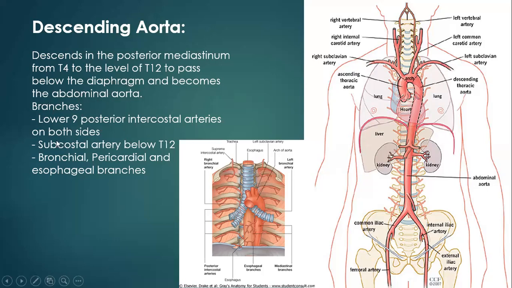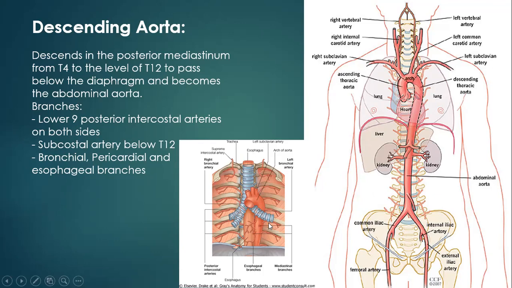Very important branches the descending aorta will be giving. One is the lower 9 posterior intercostal arteries. If you see here, this is the descending aorta. Intercostal arteries are those arteries which are between the ribs. The space between the ribs is called the intercostal space, containing the intercostal muscles, arteries, veins, and nerves.